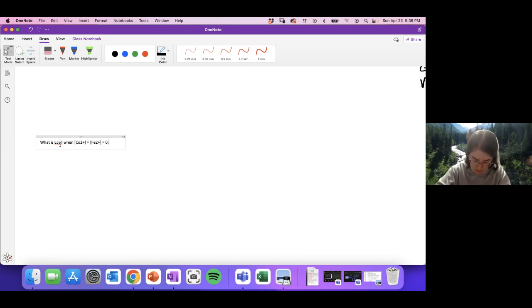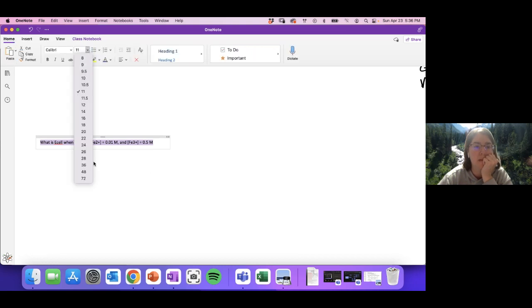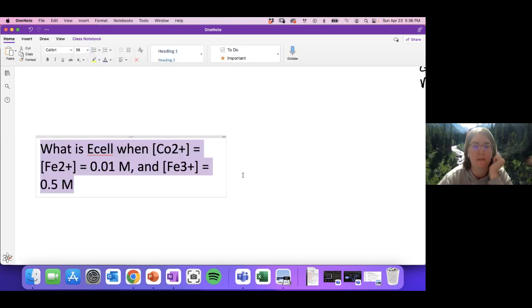The concentration is 0.01 molar, and Fe3+ equals 0.5 molar. I should have molarity in there. Make it big.